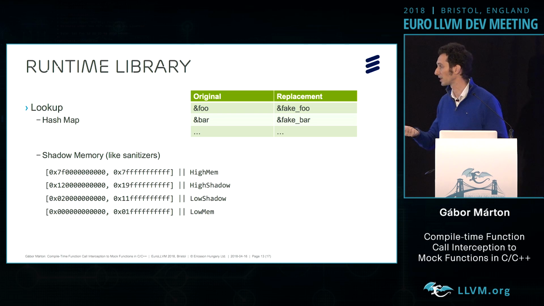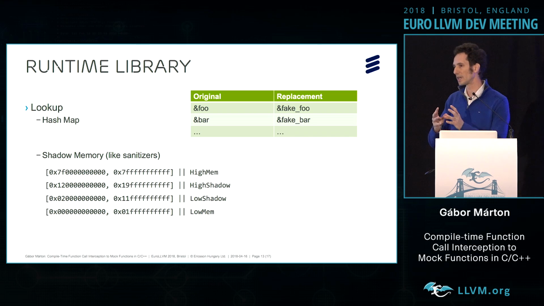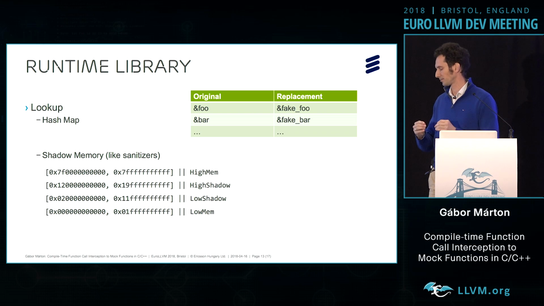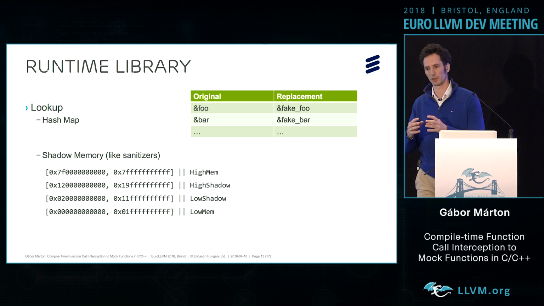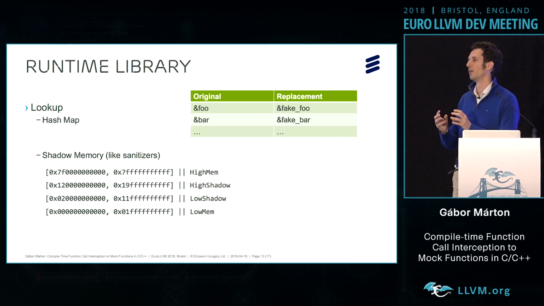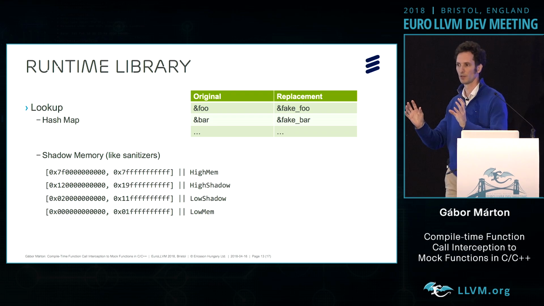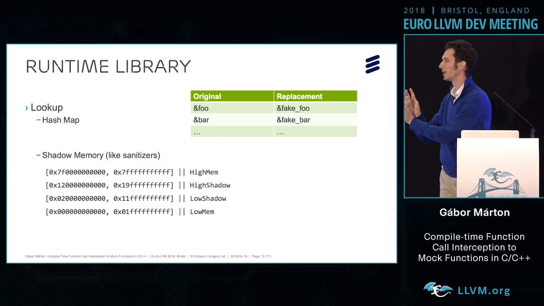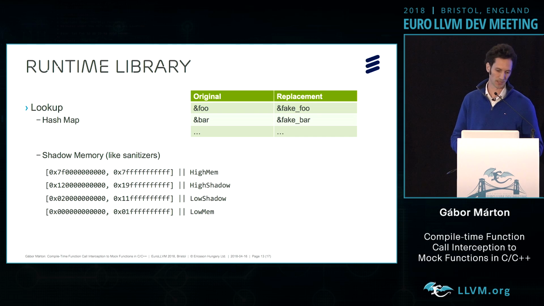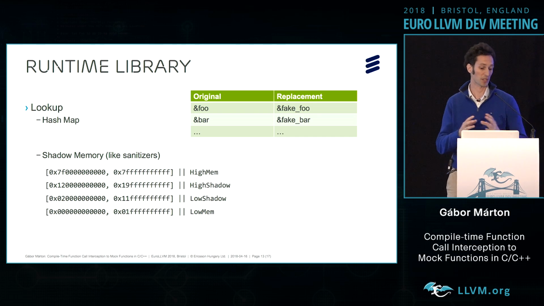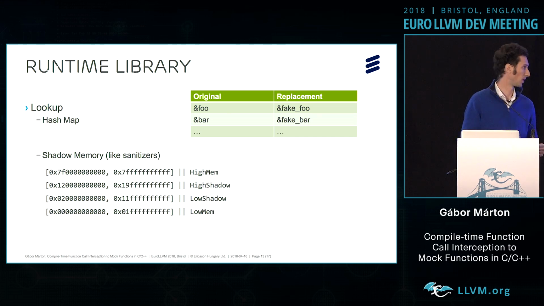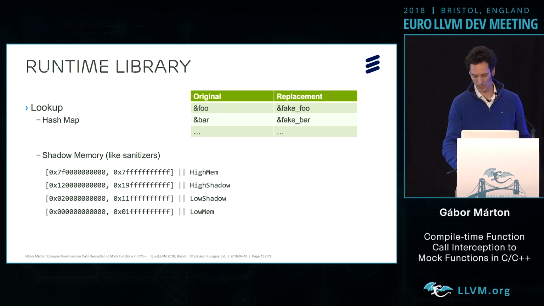This has been used in address sanitizer, thread sanitizer. So instead of using difficult hashing, we just simply map the virtual memory and we offset directly into the shadow memory. This can make the hash map itself a little bit more efficient.